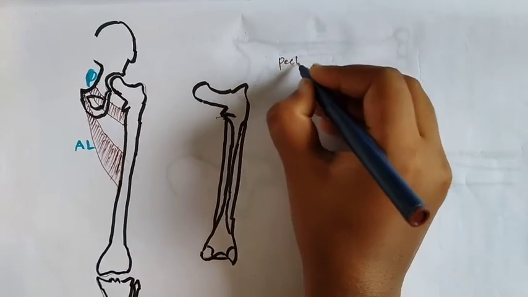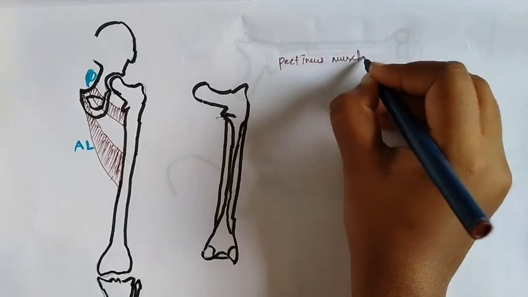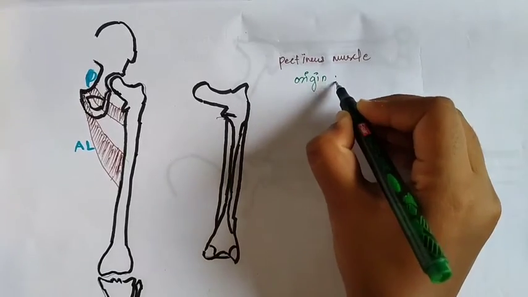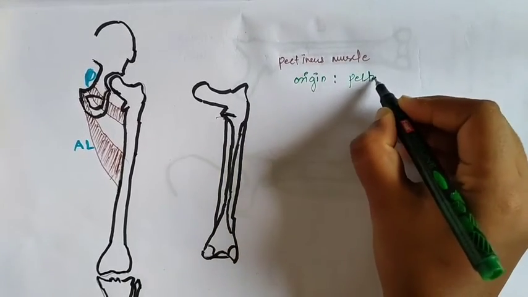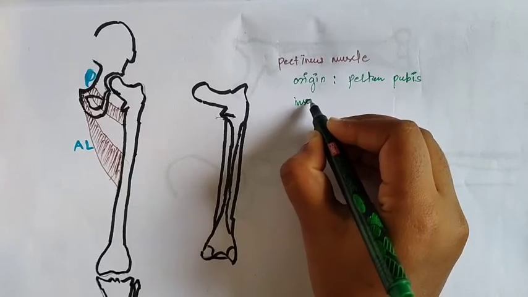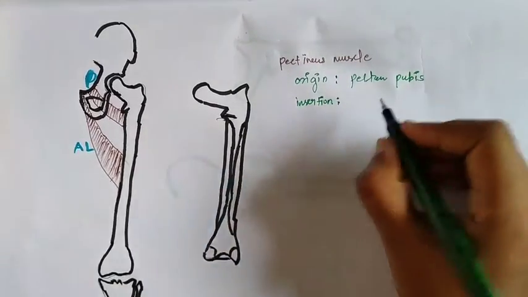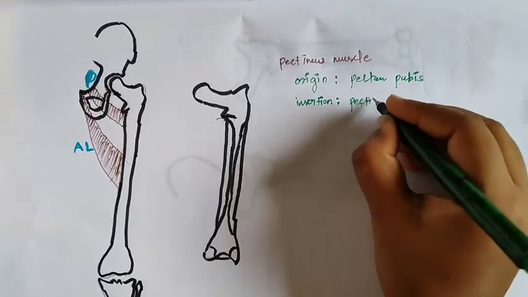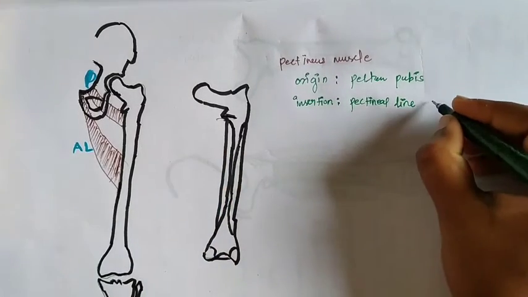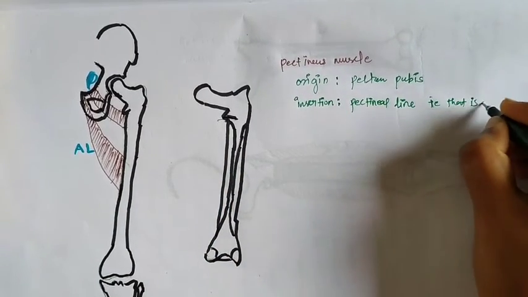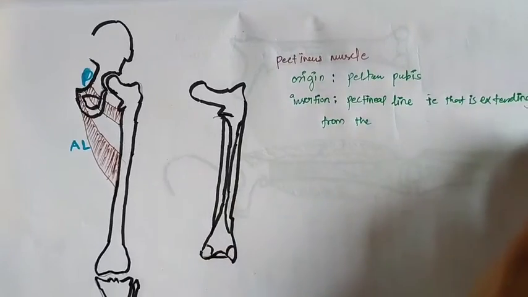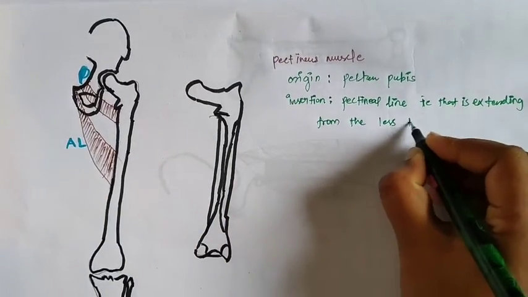Pectineus muscle: origin from the pecten pubis, and insertion to the pectineal line, that is extending to the lesser trochanter.